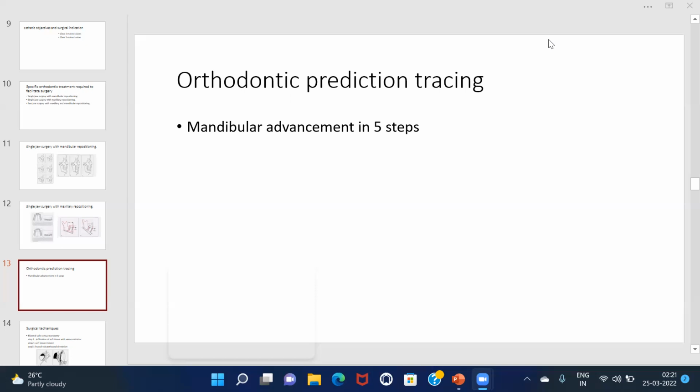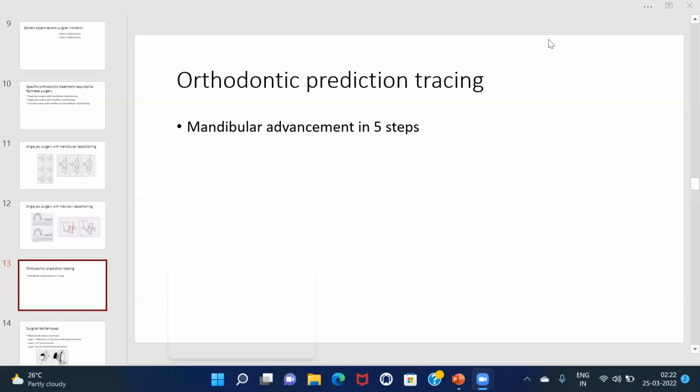Draw the ideal soft tissue chin shape on this tracing, bearing in mind that soft tissue changes in relation to hard tissue repositioning of the chin at a 0.9 to 1.0 ratio. Draw in the actual required bony advancement by sliding the prediction tracing to the left until the predicted soft tissue contour is achieved.